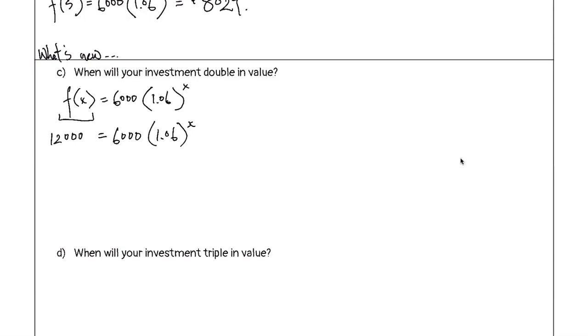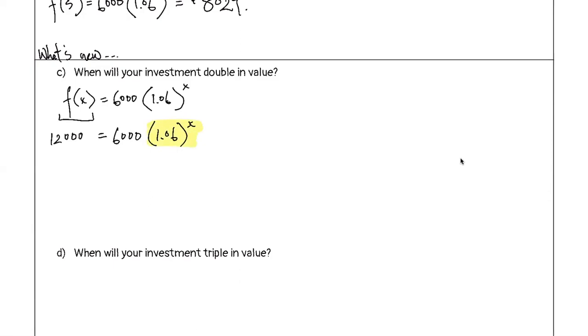Okay. So here's what we're going to do. Our first step in solving these exponential equations is going to be to isolate, not the pencil, the highlighter. We want to get 1.06 to the x by itself, okay?